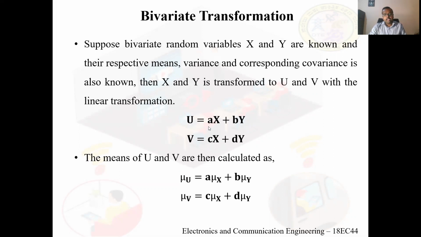E of u will be a E of x plus b E of y. Now what is E of u? It is mu u is equal to a, E of x is mu x, plus b, E of y will be mu y. Similarly, for this new random variable v, the equation for mean is mu v is equal to c mu x plus d mu y.